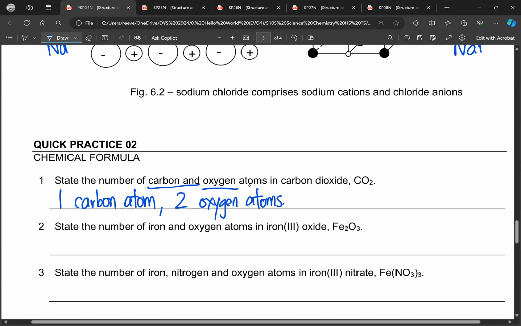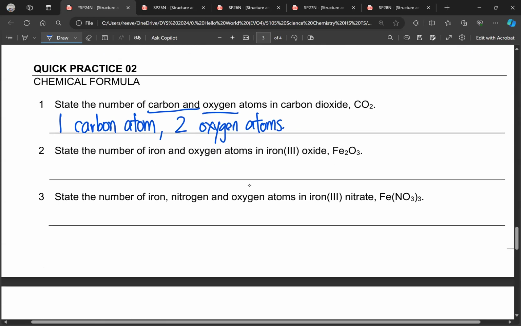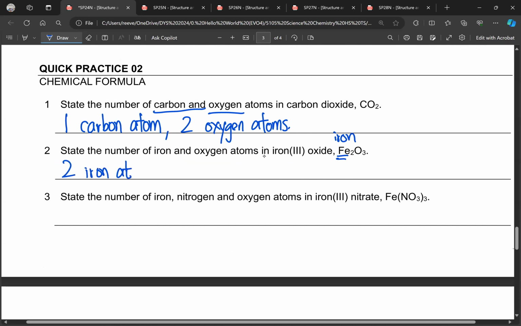Okay? Can? Any question? The next one also can do. Iron and oxygen. Iron is Fe. So I have 2 iron atoms and 3 oxygen atoms. Quite easy, right?